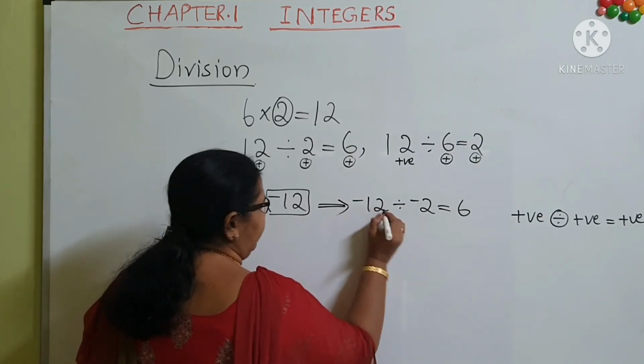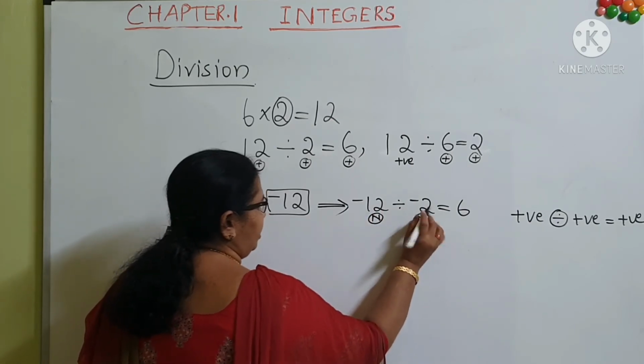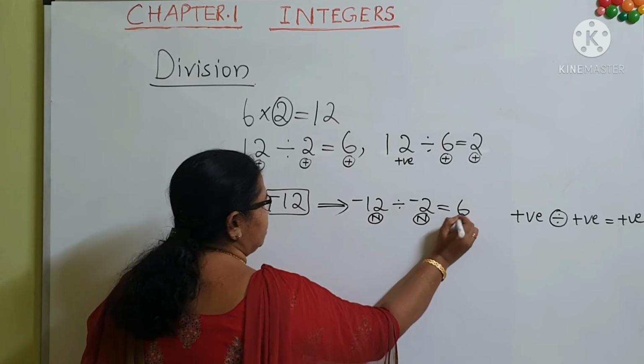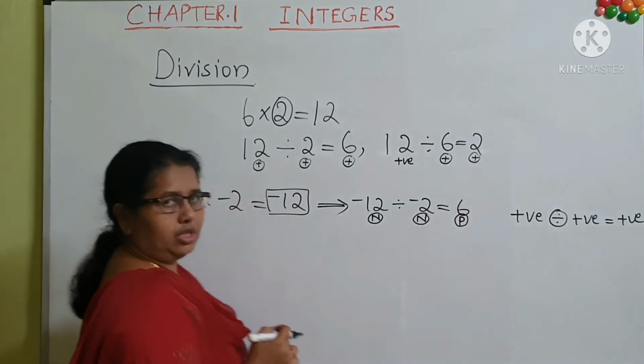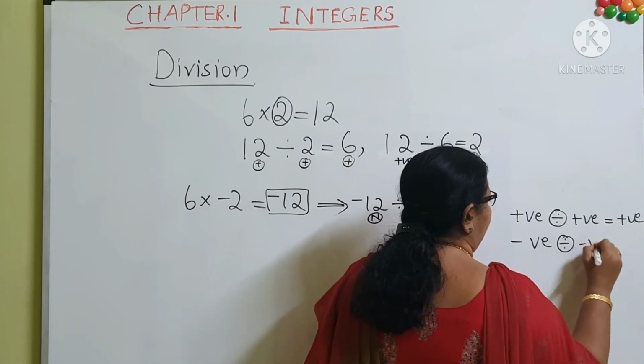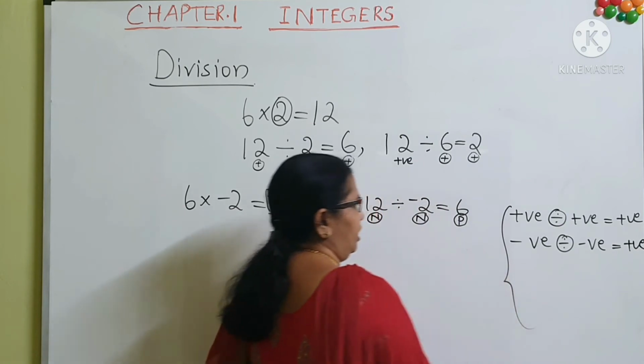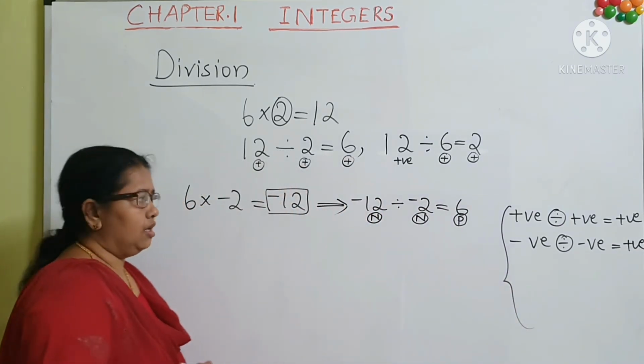That is, this negative 12 is negative. This is also negative. But their quotient is positive. That is, negative divided by negative is positive.